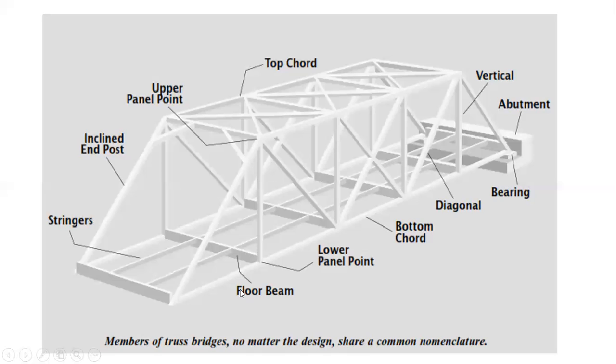We said this is my bottom chord member here. Now this bottom chord and this bottom chord are joined by these beams. These beams are called your floor beams. Over these beams, we have to support these longitudinal members.